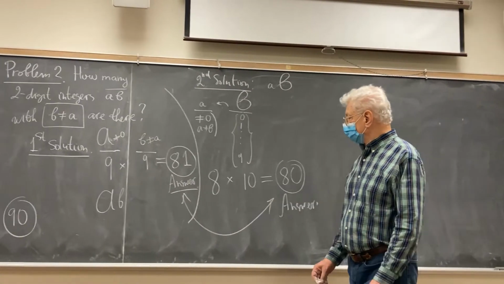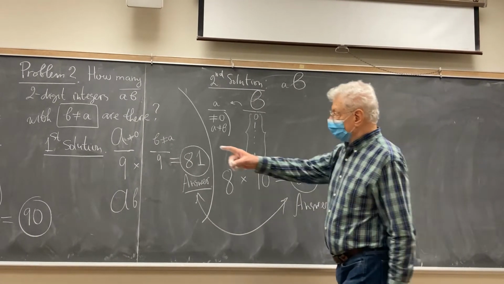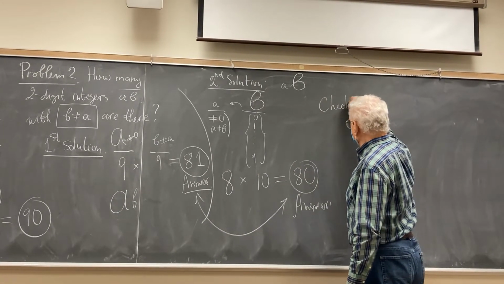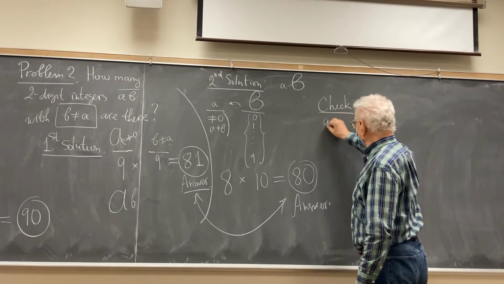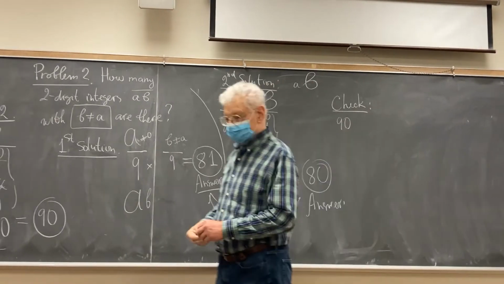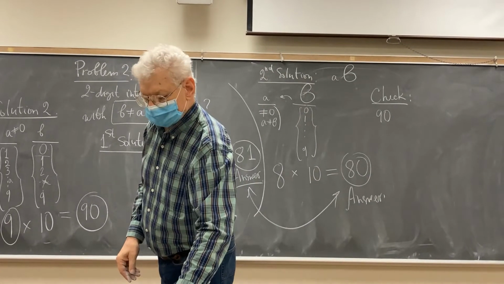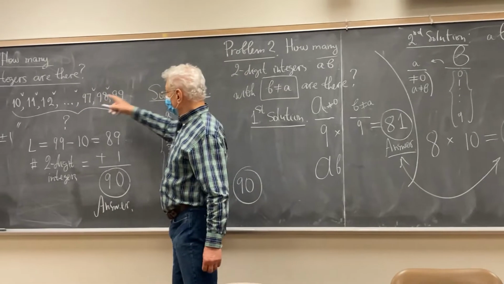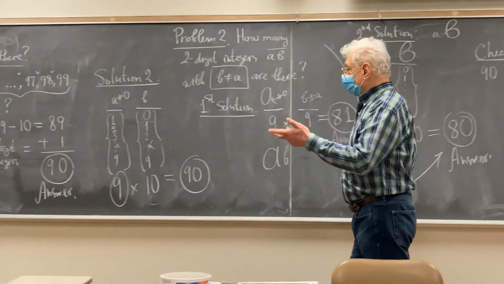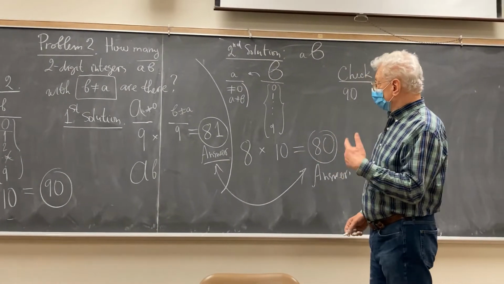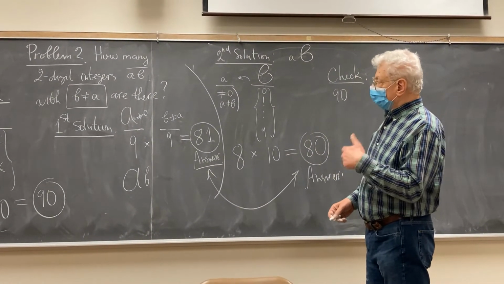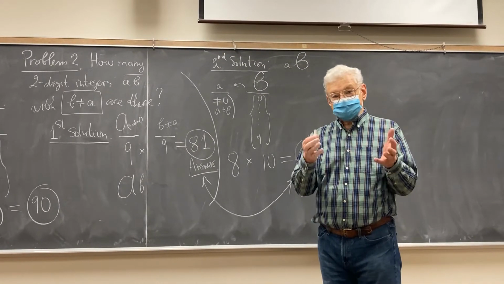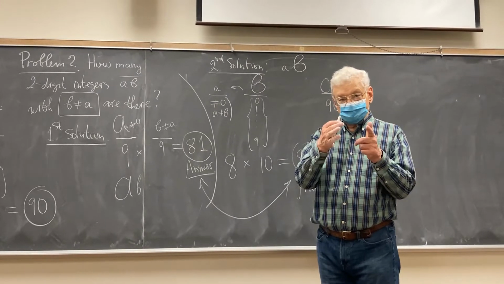So what do we have? Let's check this as follows. We have 90 two-digit integers, right, which we found in the previous problem, from 10 to 99. And of those 90, we have to remove the ones which have equal digits, right?